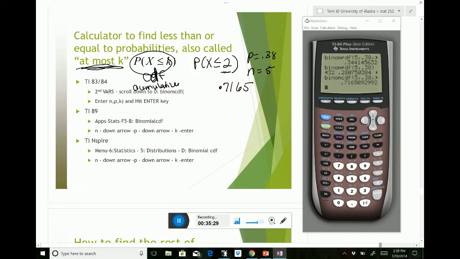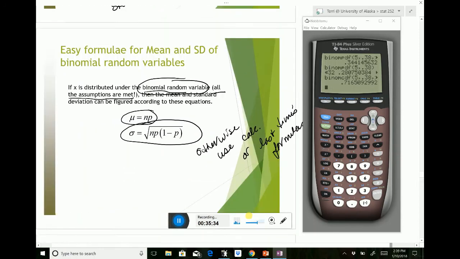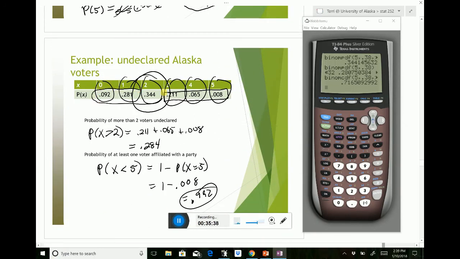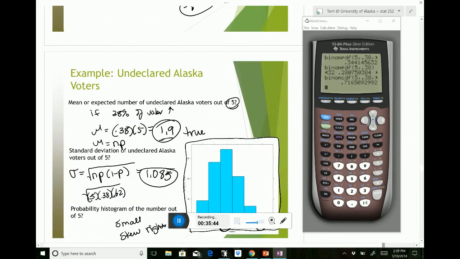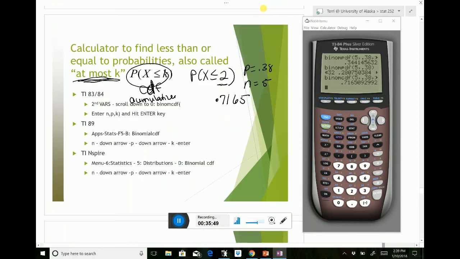This is the same as if we went back and added these 3 up, that's what we should get, 0.716. And I believe that it is. So that allows you to do that.